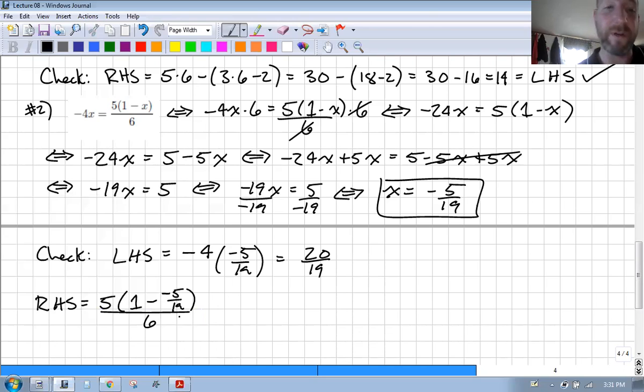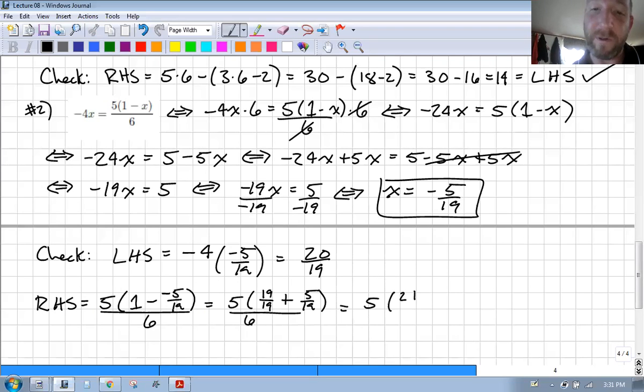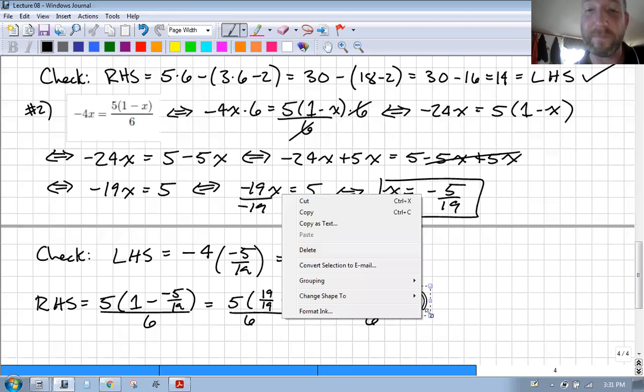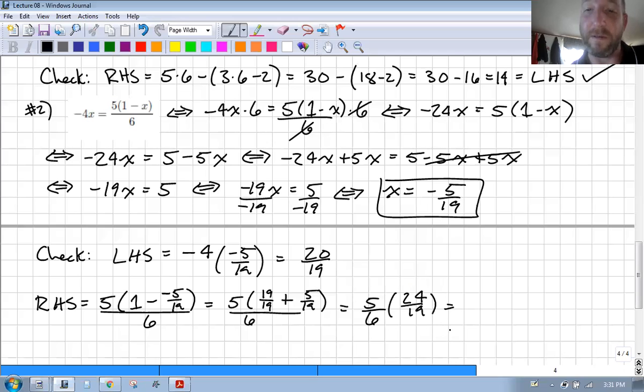If we plug negative 5 over 19 for x, so we have 5. Let's see, let's rewrite 1 here as a 19 over 19. The minus minus becomes a plus. So we have 19 plus 5 is 24 19ths. This is all over 6. So we just pull our 6 right here. So we could multiply this out, but to simplify the fraction, let's see, 24 is 8 times 3.